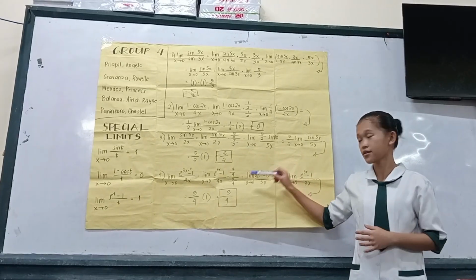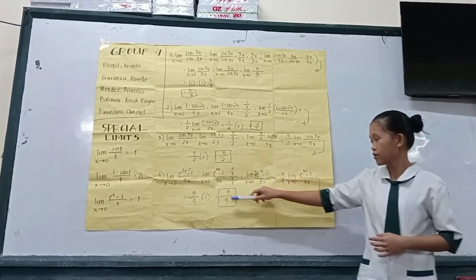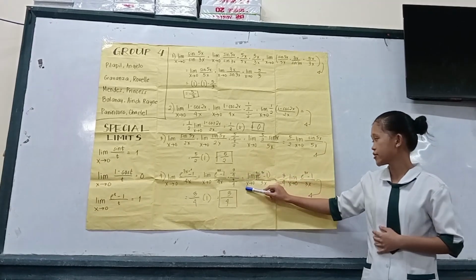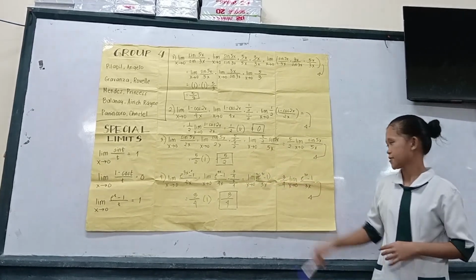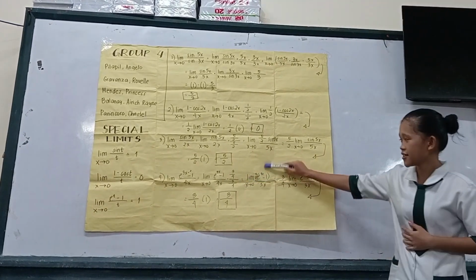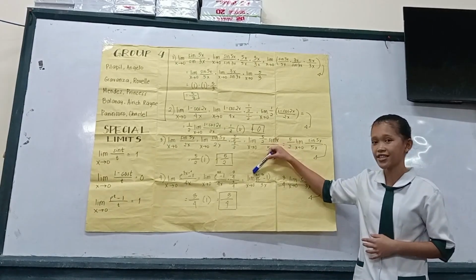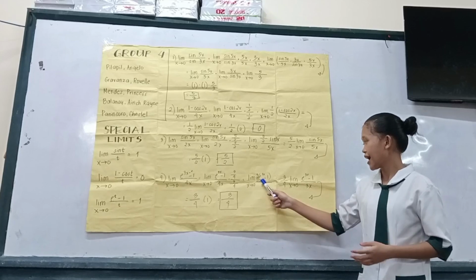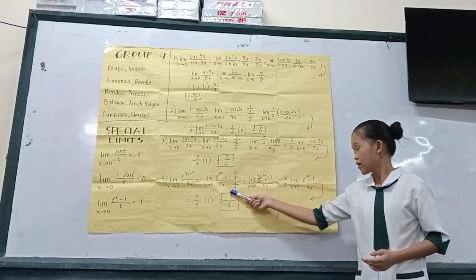The 3 over 4 goes in front. The next one is 4x times 3 over 4, which results in 3x.